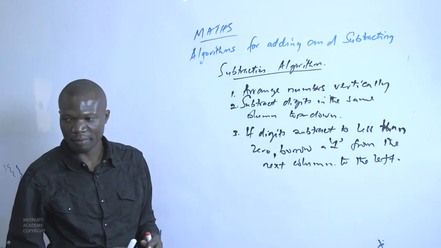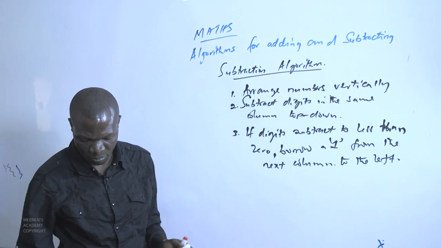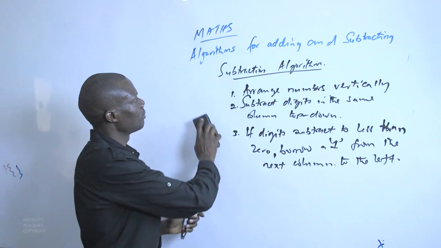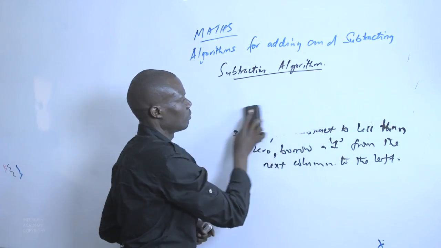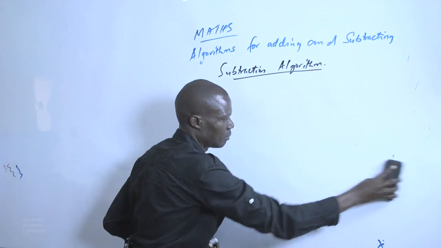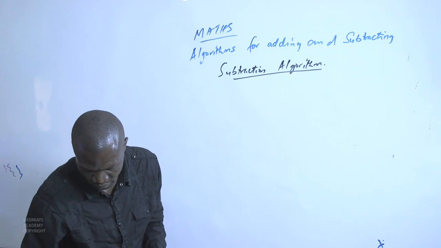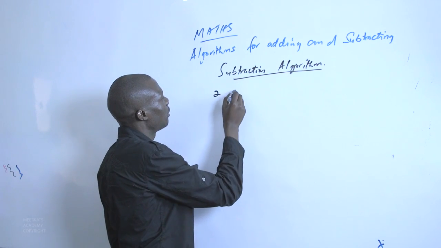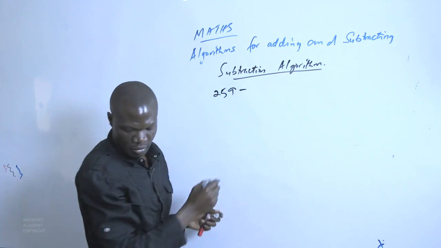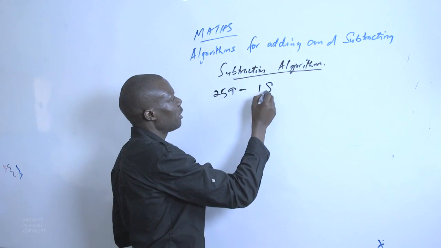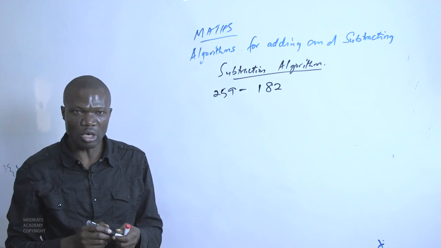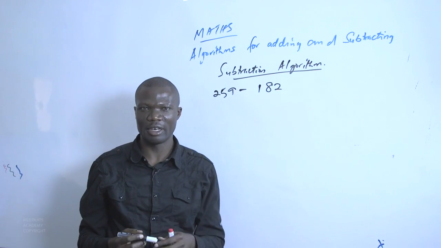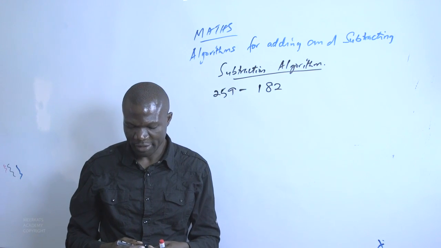Now, let us illustrate this using a problem. Consider the following problem: 259 minus 182.